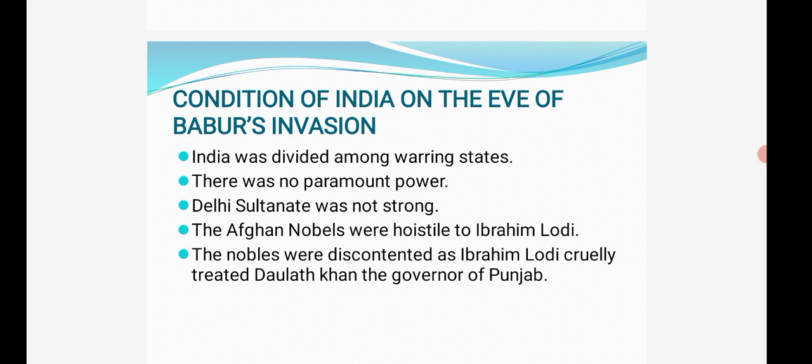You can study it for more information about Babur, his life and achievements. We can throw light on the social and economic condition of India based on the information given by Babur in his autobiography.